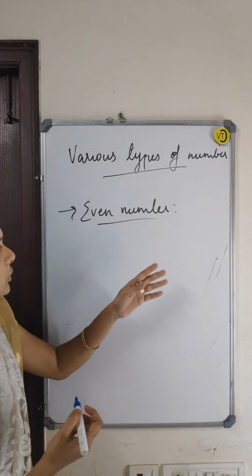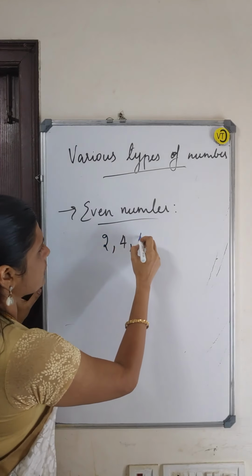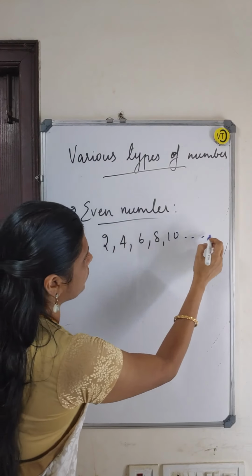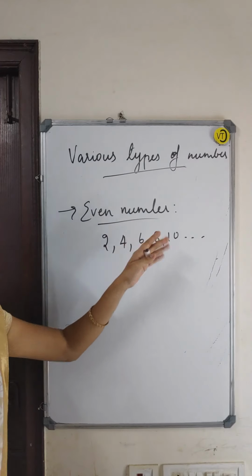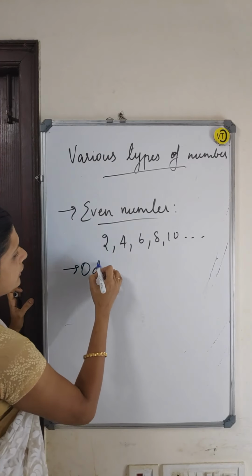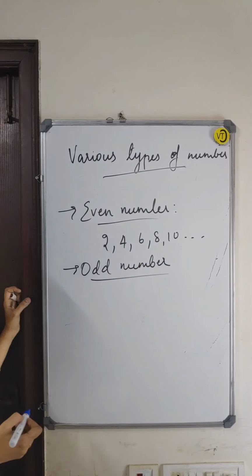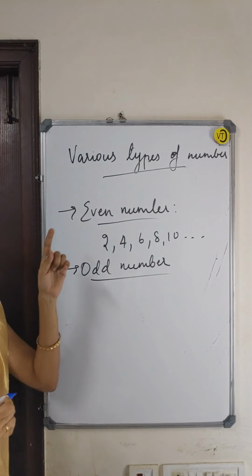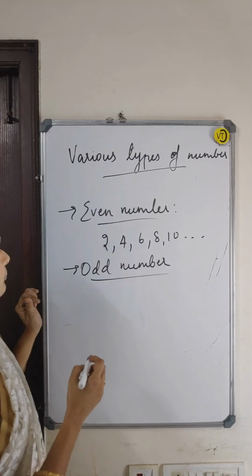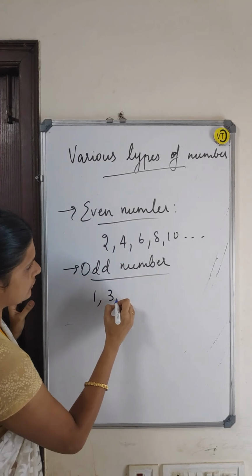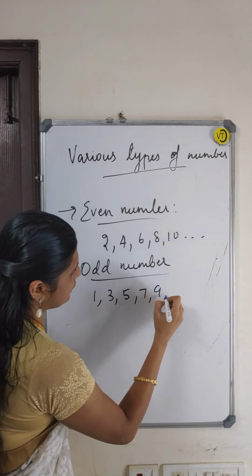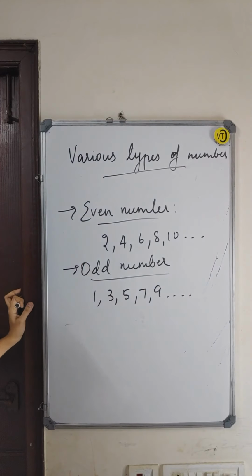The multiples of 2 means 2, 4, 6, 8, 10, and so on. These are even numbers. What is an odd number? The numbers which are not multiples of 2 are odd numbers. So 1, 3, 5, 7, 9. These are odd numbers.